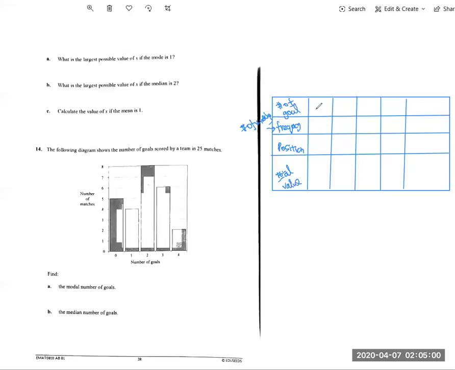The number of goals, the first column, is 0. How many matches? For 0 score, there are 5, so I'm going to put 5. Then for 1 score, I'm going to put 8 matches. Then scoring 3 times, 2 times. Sorry, this is a mistake here.